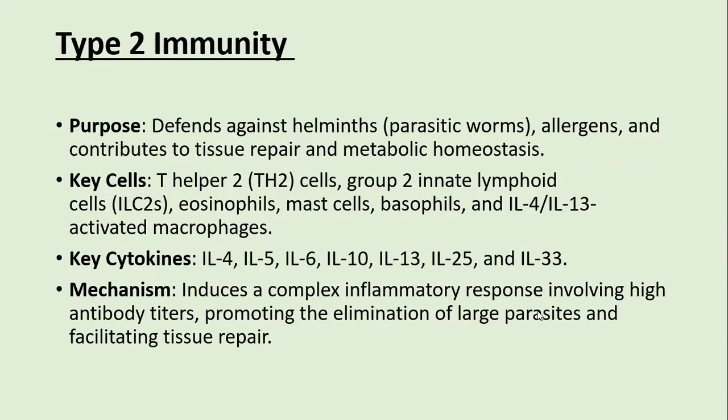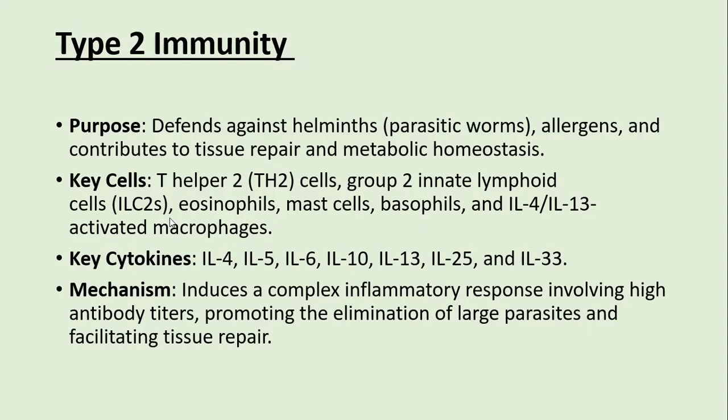In contrast, the type 2 immunity purpose I have already described: against helminths, against allergens, and it also contributes to tissue repair and metabolic homeostasis. Th2 helper cells are the main initiator of this kind of immunity. And in addition, it involves ILC2s, the eosinophils, the mast cells, the basophils, and interleukin 4 and 13 activated macrophages.